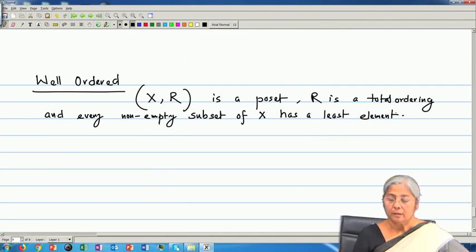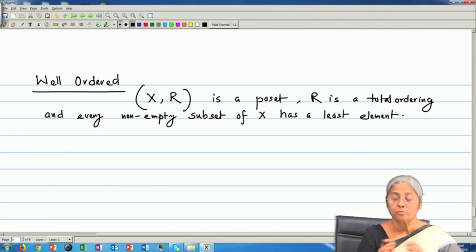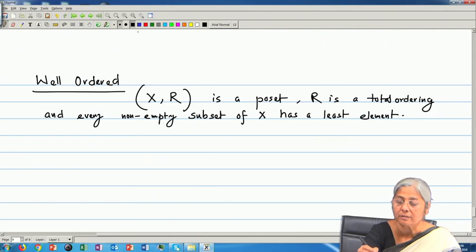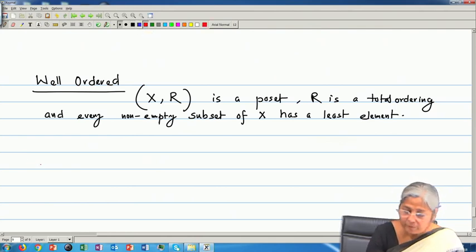Okay. Now, the most important application in poset is the lexicographic ordering in dictionary. We know this is lexicographic ordering.